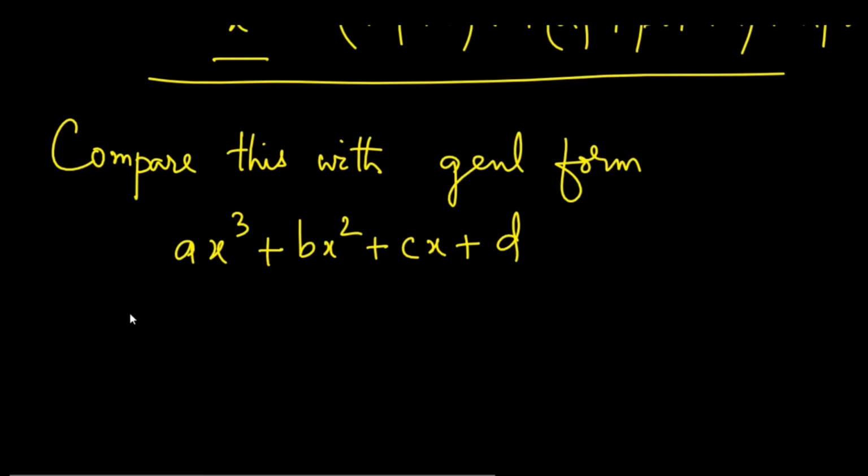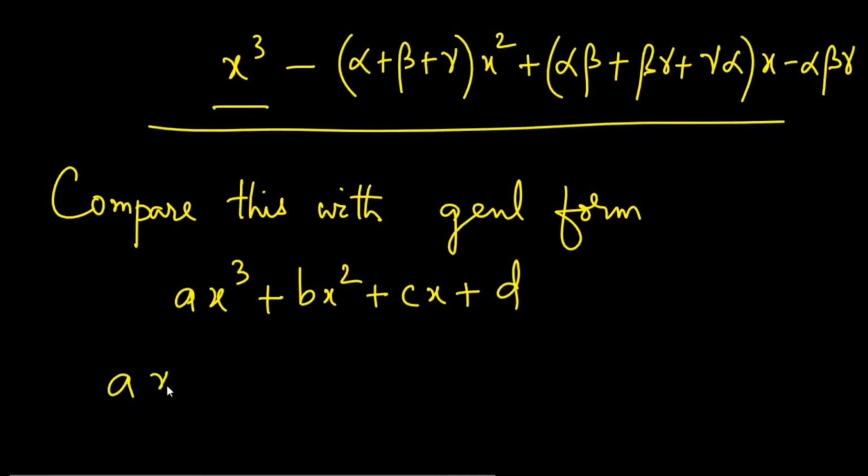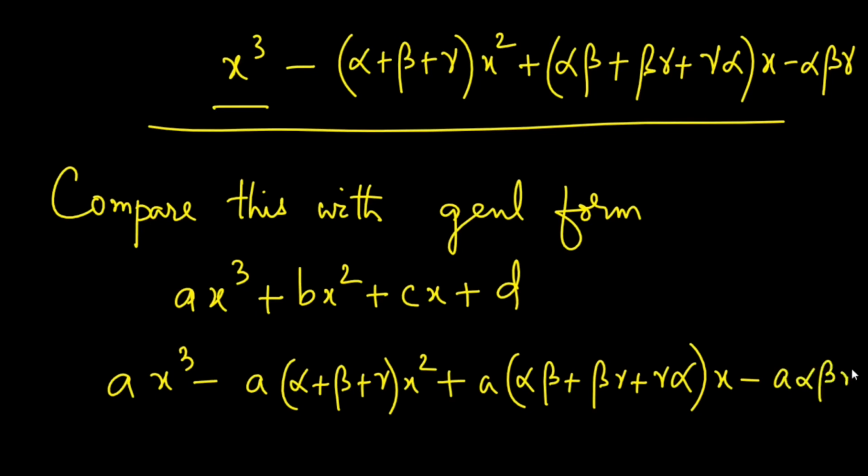Let us say we are multiplying with a, then we are getting ax cube minus a(alpha plus beta plus gamma) x square plus a(alpha beta plus beta gamma plus gamma alpha) x minus a alpha beta gamma.